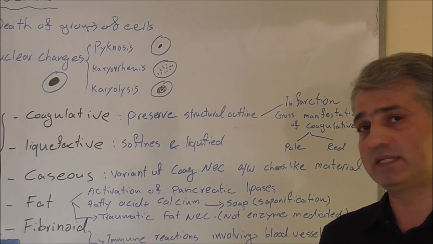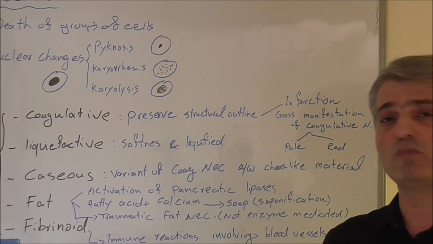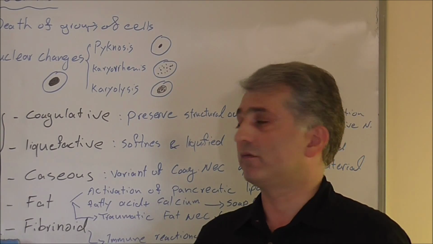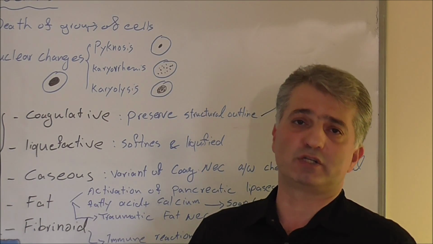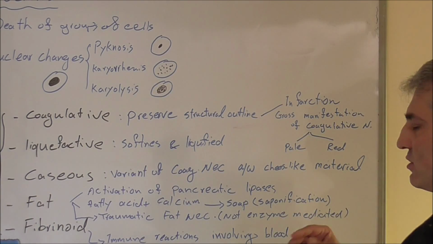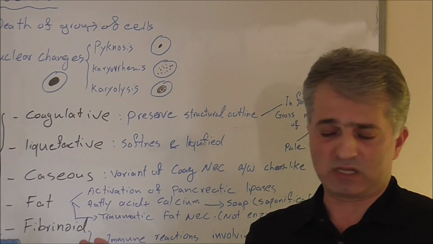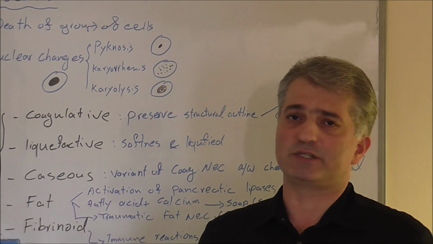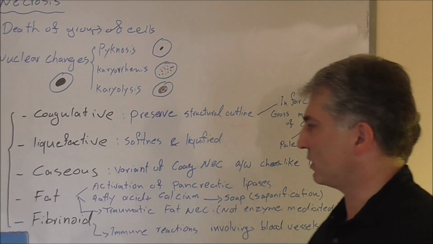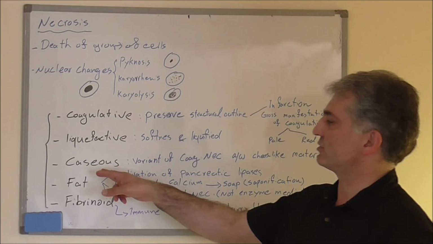There are many diseases that can cause caseous necrosis, but the most common example is Mycobacterium tuberculosis, which attacks the lung and causes caseous necrosis. Mycobacterium tuberculosis can attack every single part from head to toe. But here we are talking about the lung, and it causes cheese-like material. We call it caseous necrosis.